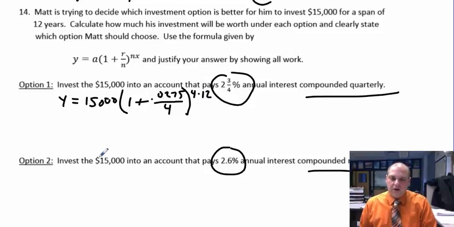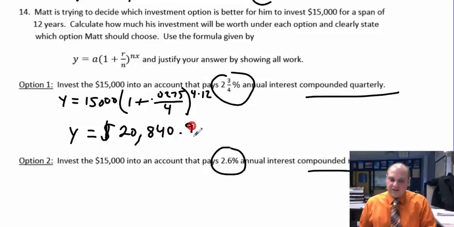So 4 times 12. I'm just going to give you the answer here. This comes out to be $20,840.97.